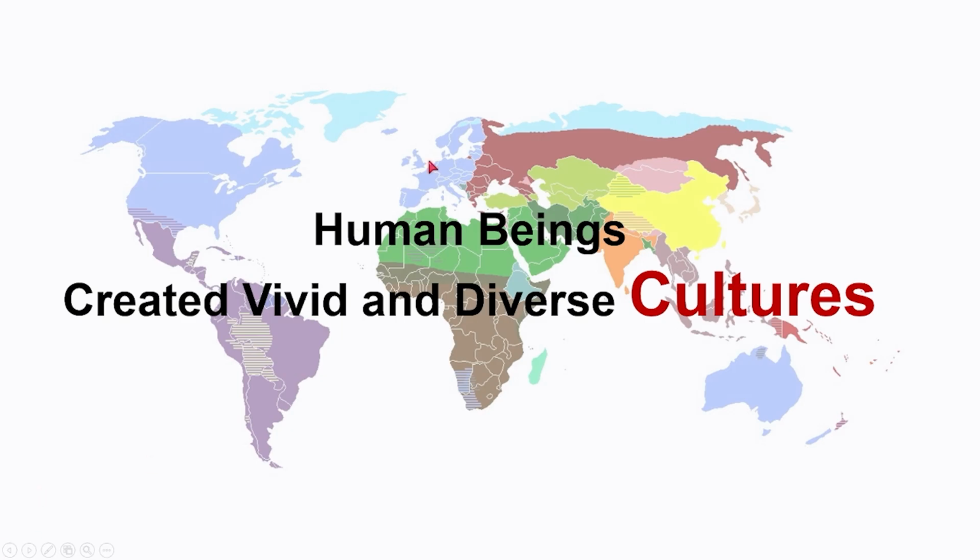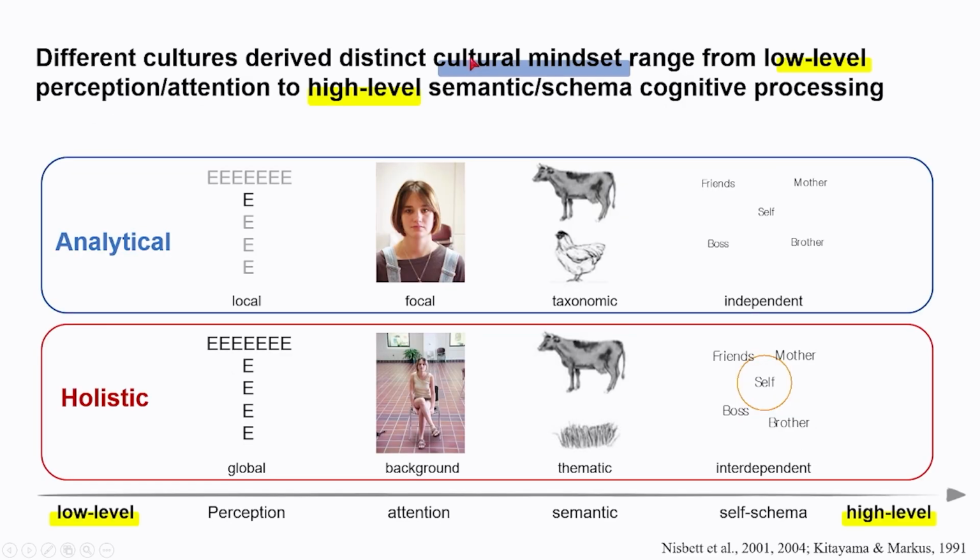Okay, thank you. As we know, we human beings have created diverse and vivid cultures around the world, such as Western culture, East Asian culture, and Islamic culture, and so on. In the past decades, cross-cultural psychologists have discovered that individuals from different cultural backgrounds exhibit distinct cultural mindsets.